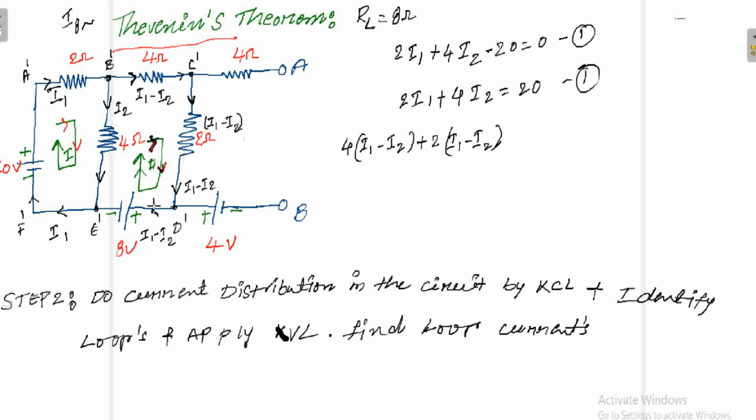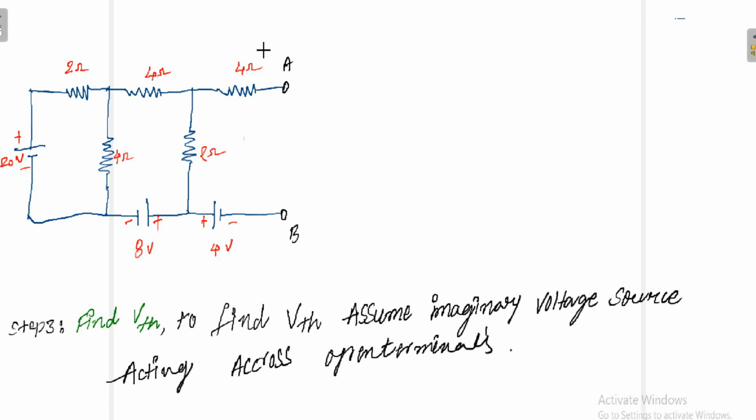Now let us come to step 3. According to Thevenin's theorem, we have removed the terminal where you want to find the response.